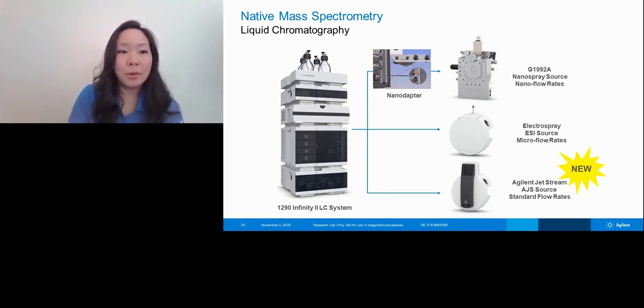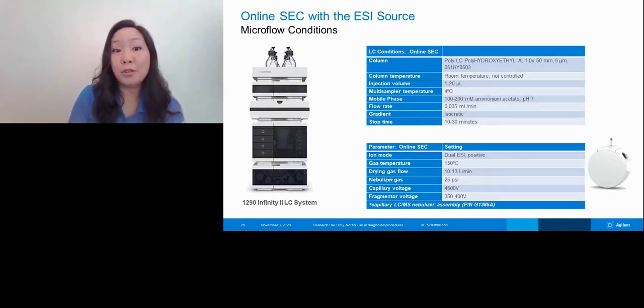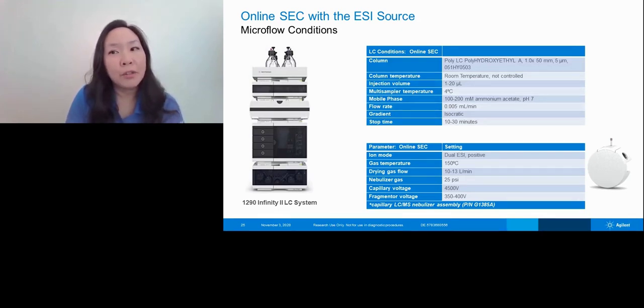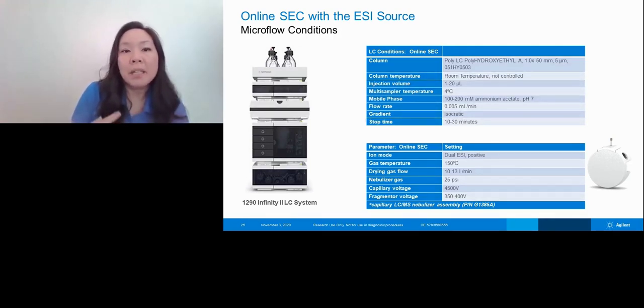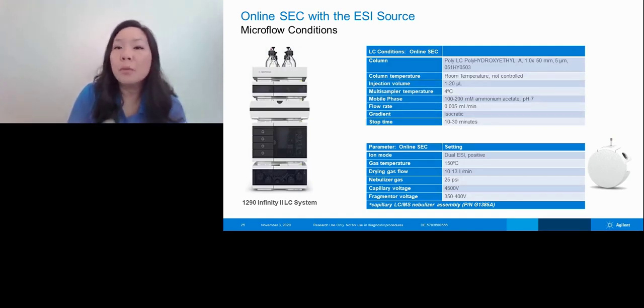And so with that, I wanted to also introduce to you the cap flow rates, as I mentioned earlier. So you're not limited to the standard flow. Here, we've used the polyhydroxyethyl-A column. It's a 1x50 millimeter column, so it's a little bit longer than what the standard flow column would be. And you're running essentially the same kind of buffer analytical conditions, but your run times will be slightly different depending on your flow rate.